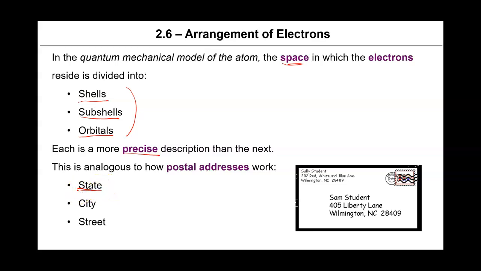The state is a pretty big description of where somebody would be located. The city narrows it down a little bit more, and then the street narrows it down quite finely. So the same is happening with shells, subshells, and orbitals. This is the big picture view. This is zoomed in a little more, and then this is the best that we can do.